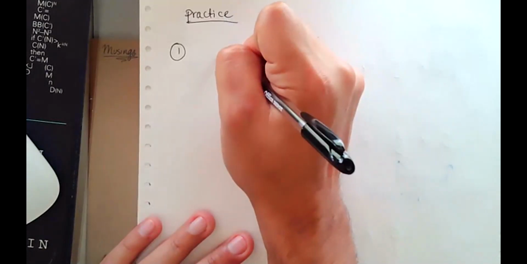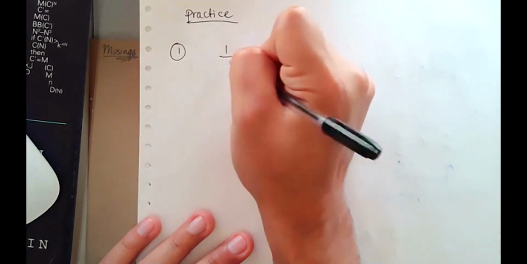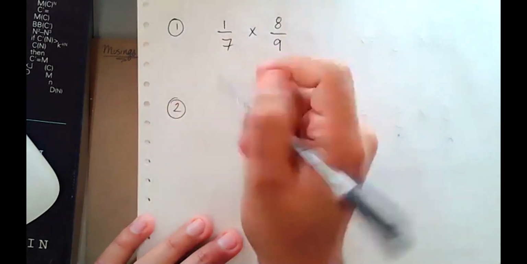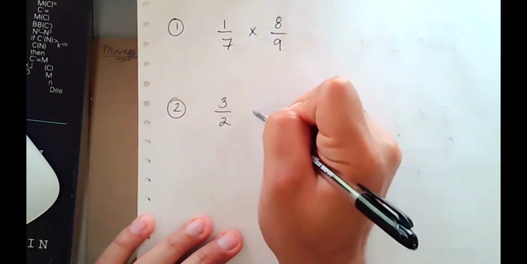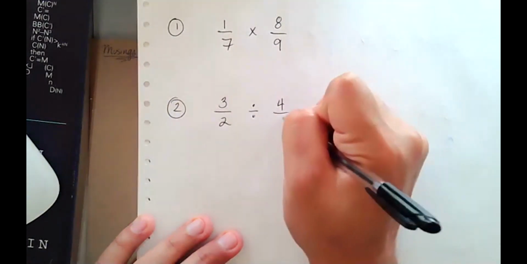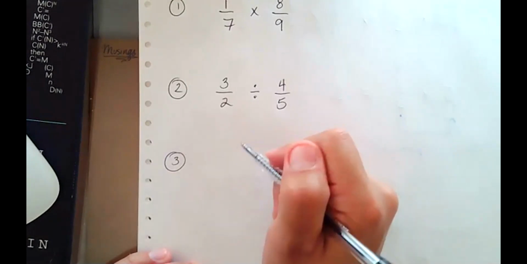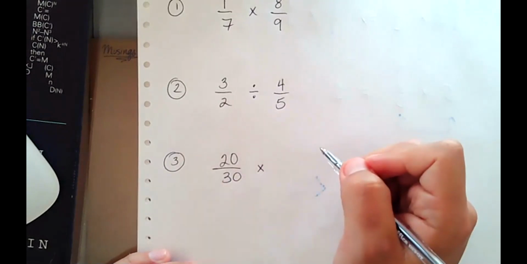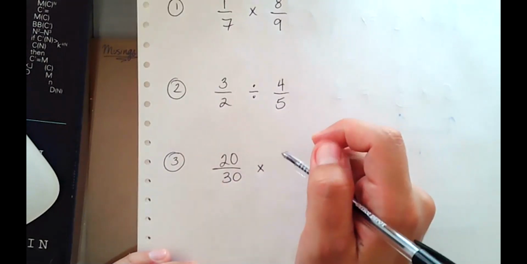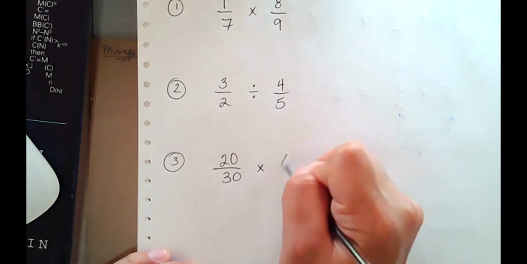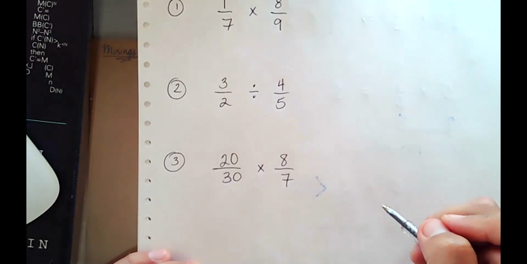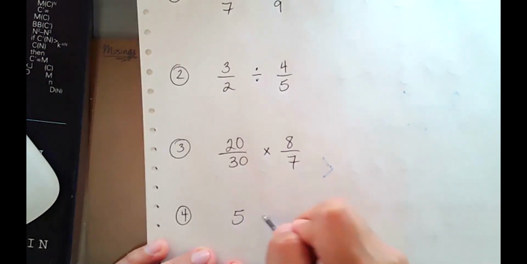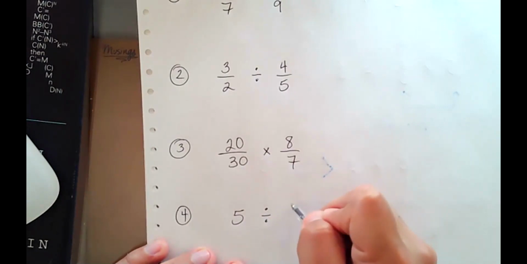So we'll do 1/7 times 8/9. 3/2 divided by 4/5. 20/30 times 8/7. I'll give you one more just to even this out a little bit. 5 divided by 1/7.